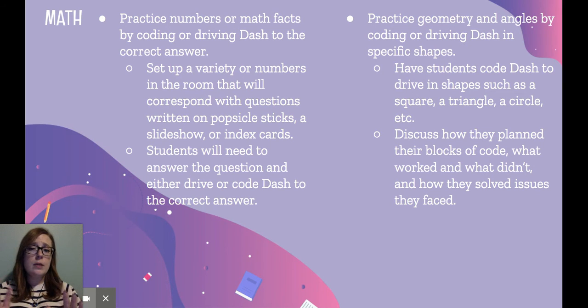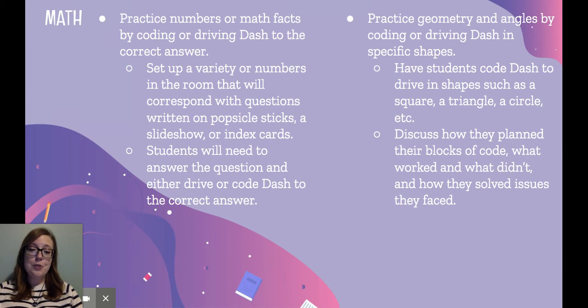You can really, really adapt this basic core lesson idea to whatever subject area you're doing. And it's reinforcing the coding skills and the driving skills, whichever, depending on the grade level, is more appropriate. But it also is having them use the information that they have in math, whether it's a calculation or something you want them to memorize, and having them use it in a different context, but then to also use the coding at the same time.